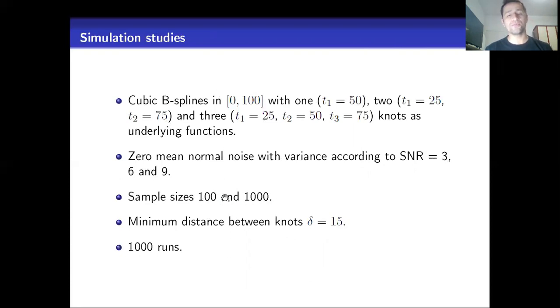We also define 2 sample sizes, 100 and 1000. We input a minimum distance between knots as 15 to avoid knots determined too close to each other. And for each scenario of underlying function, signal-to-noise ratio, and sample size, we performed 1000 runs.